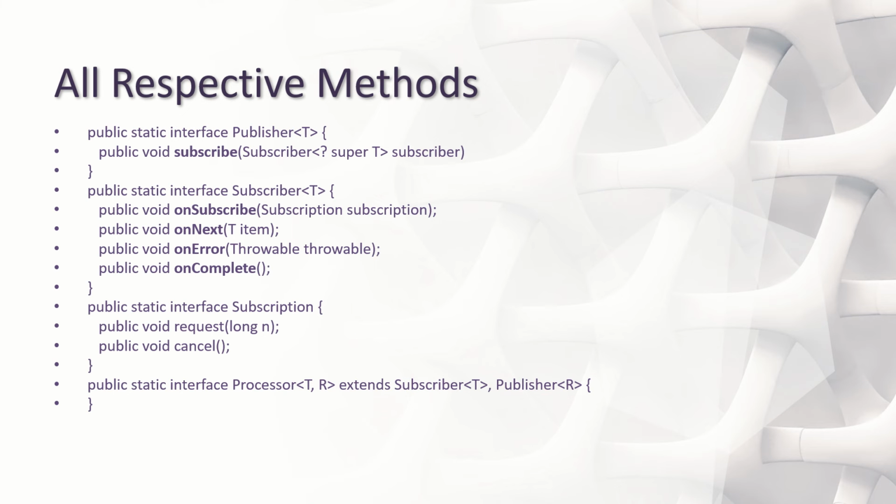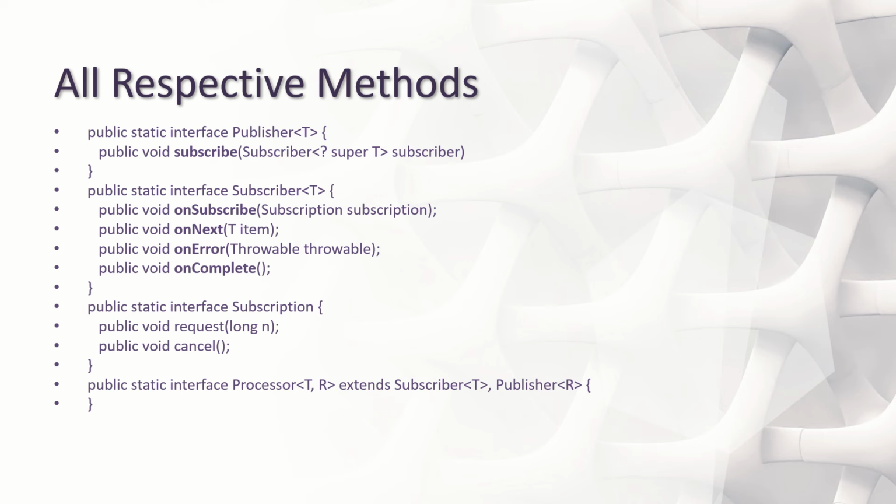So these are all the methods. Let's say publisher has only one method, which is subscribe. And subscriber has four methods, which are onSubscribe, onNext, onError, and onComplete.